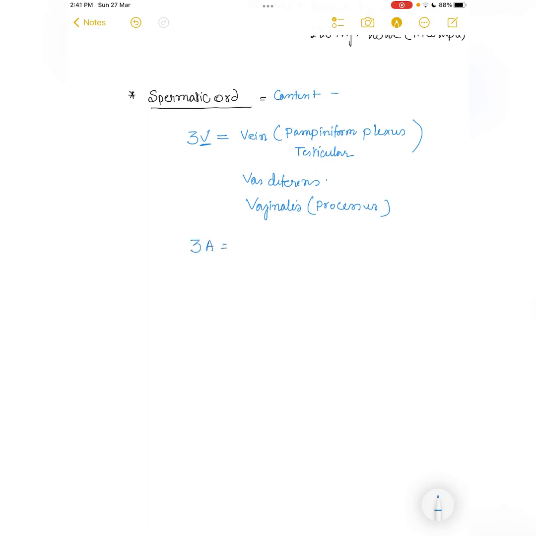And next is the 3A. Obviously A for artery: that is the testicular artery, the artery to the vas, and the cremasteric artery.